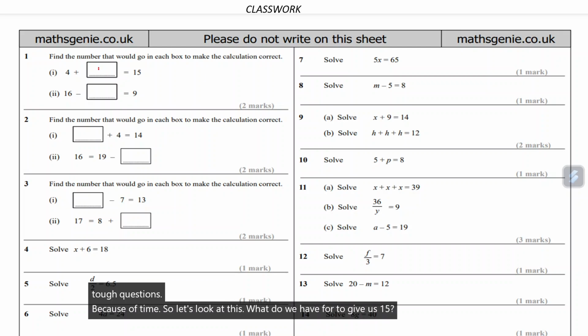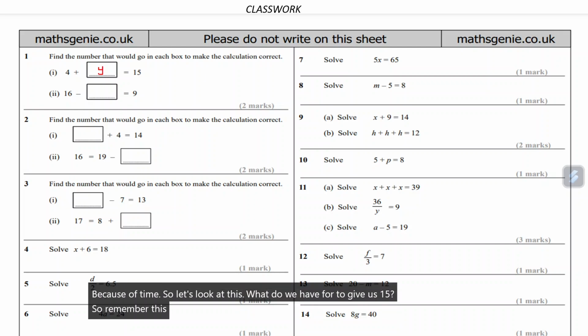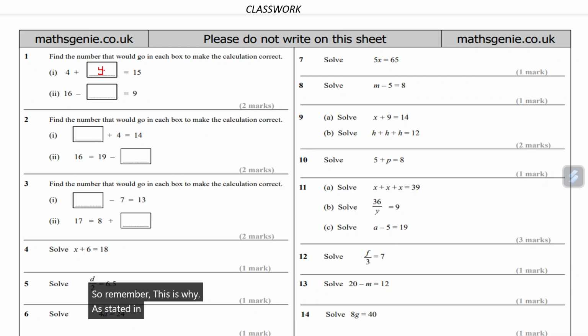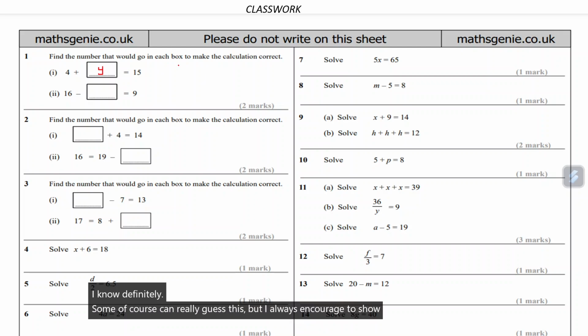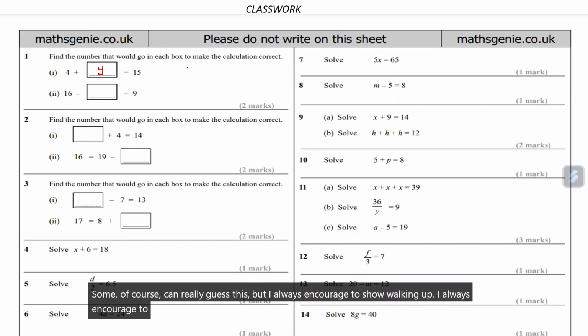So remember, this is why, as stated in the previous sessions, I know definitely some of us can really guess this, but I always encourage to show working out. I always encourage to show the step.